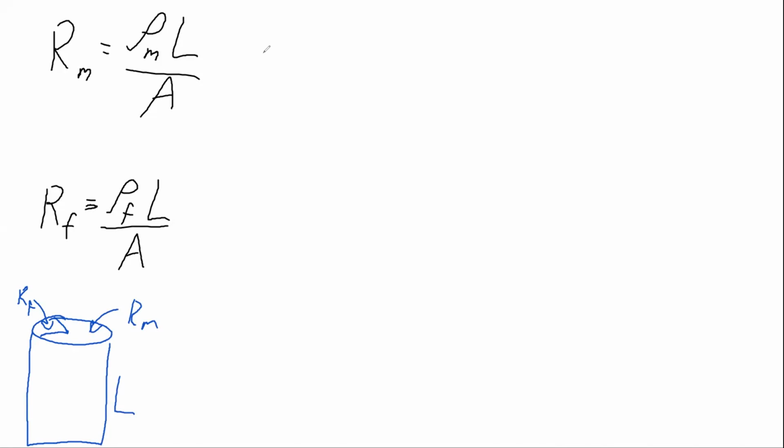There are different areas, right? Muscle is going to have its own area, and fat is going to have its own area. I hope you see that from the picture, that your whole arm isn't purely muscle or purely fat. A percentage of that area is muscle, and a percentage of that area is fat.